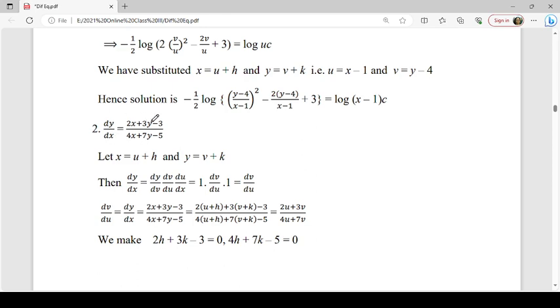Next one. Here we see the coefficients are 2 and 4, so it is 2 by 4 and 3 by 7, they are not proportional, and we are substituting x is equal to u plus h, y is equal to v plus k, so that dv by du is equal to dy by dx, which is 2x plus 3y minus 3 over 4x plus 7y minus 5, as 2u plus 3v by 4u plus 7v, because the constants become 0.